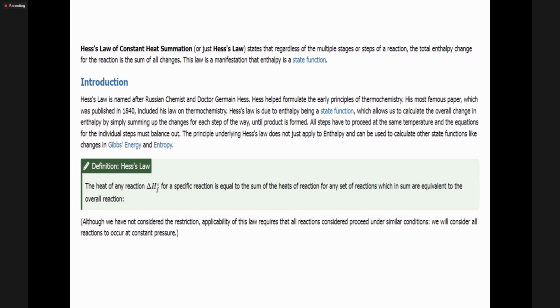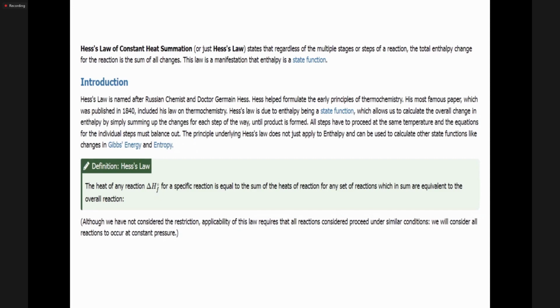All the steps have to proceed at the same temperature, and the equations for the individual steps must balance out. We have to remember that all the steps have to proceed at the same temperature and the same pressure, with no change. And the equations should be balanced in such a manner that all the individual steps can get cancelled out. The principle underlying Hess's law does not apply to enthalpy only.